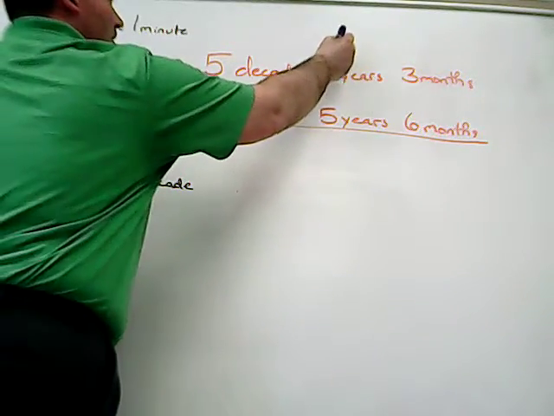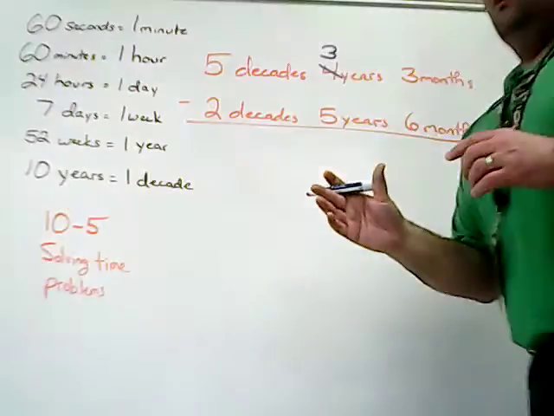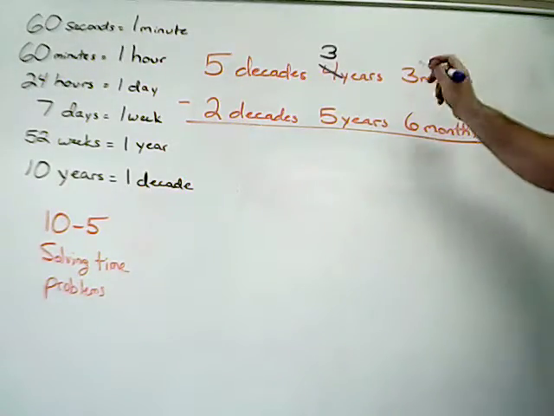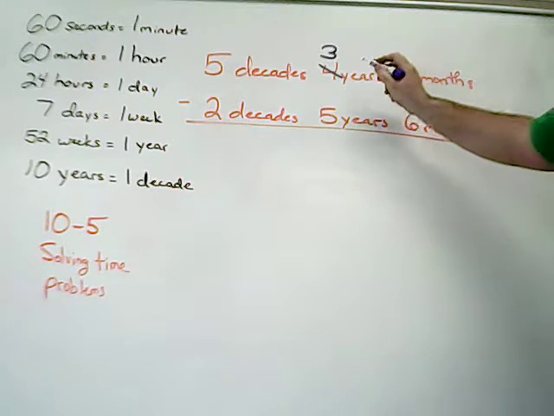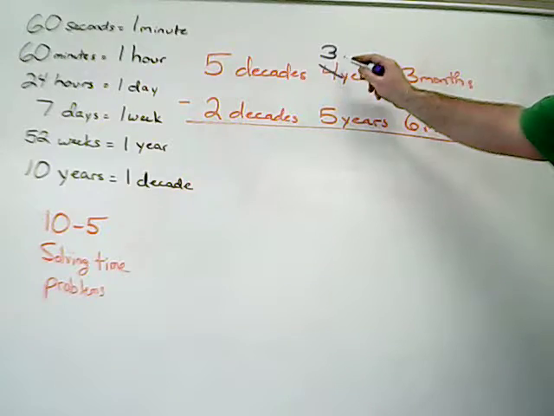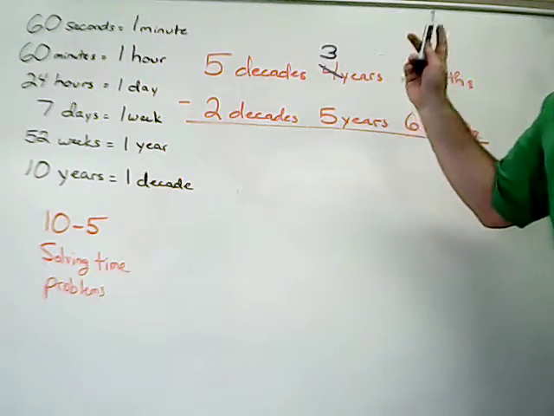4 regroups to a 3, and here's where one of the major conversions comes into play. I'm not putting a 1 here like I would if I were subtracting. I'm adding 1 full year worth of months. How many months are in a year? 12.